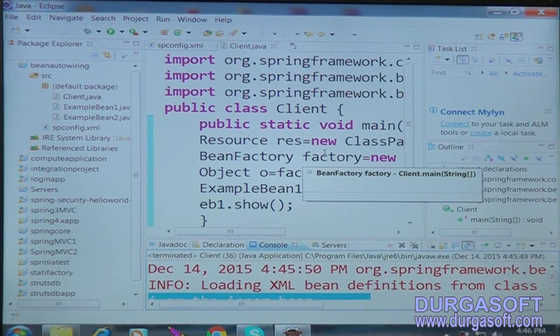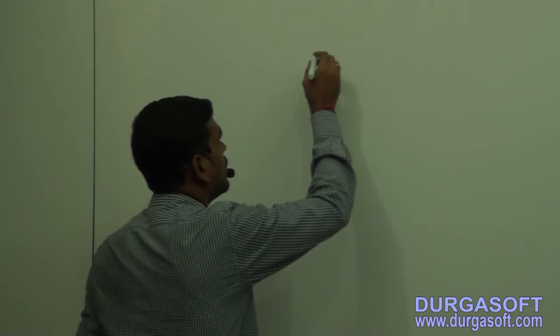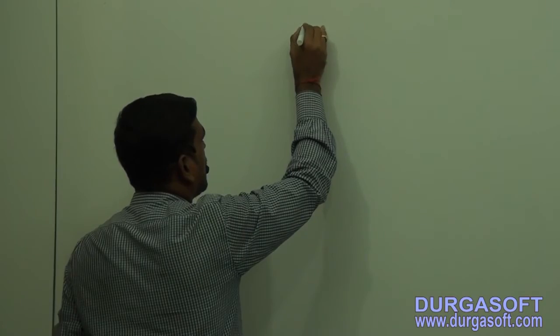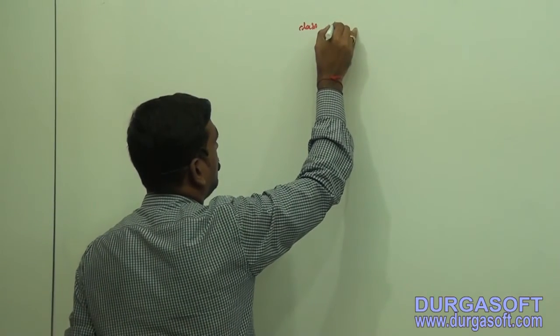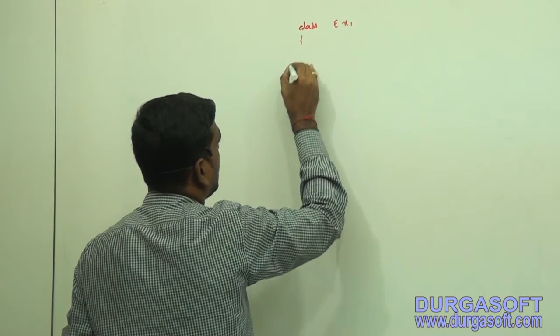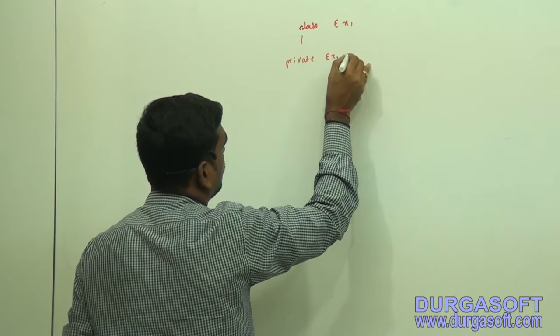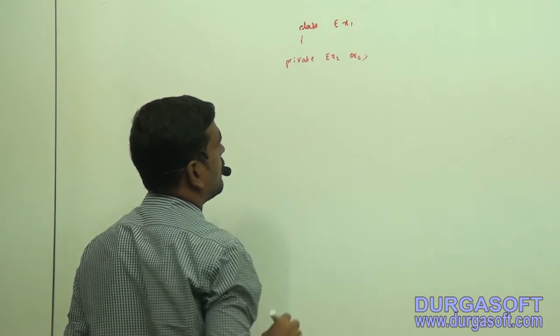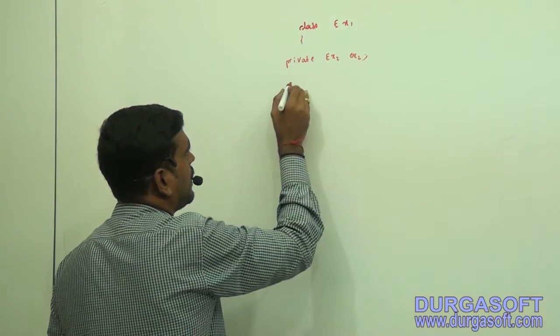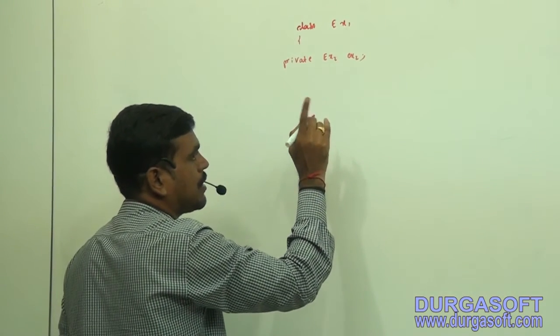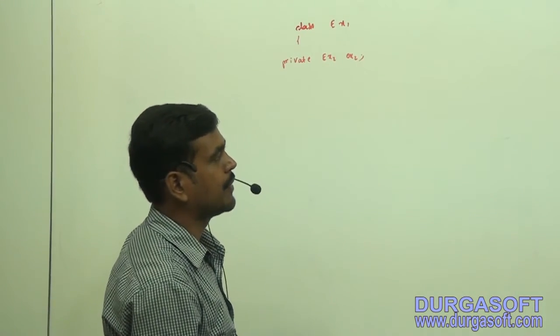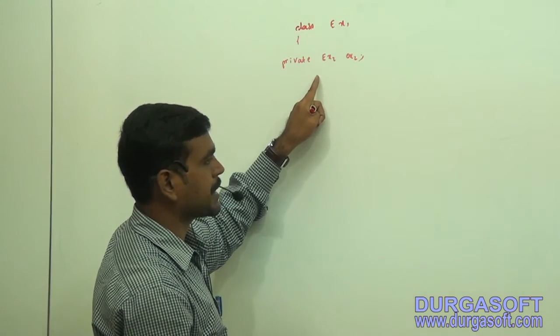In the same way, constructor is there. How the constructor is going to work, we will see here. So this is my class EX1. Under that, private EX2. Now here, whenever we are taking autowire is equal to constructor, in our bean class a constructor is a must.